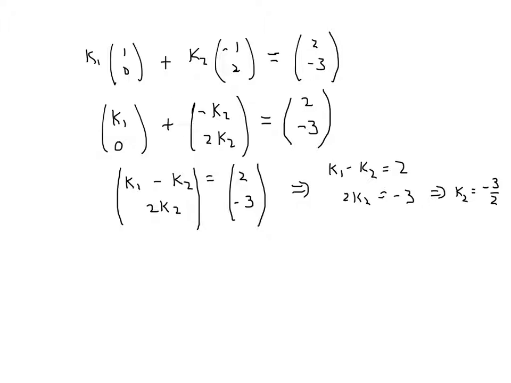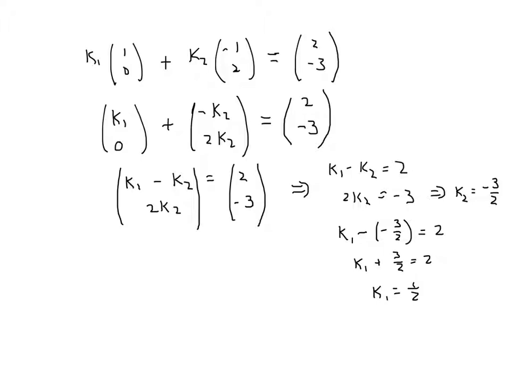And if I plug k2 into this equation, I will have the statement that k1 minus (-3/2) has to be 2. It isn't hard for us to see, that's k1 plus 3/2 is equal to 2.